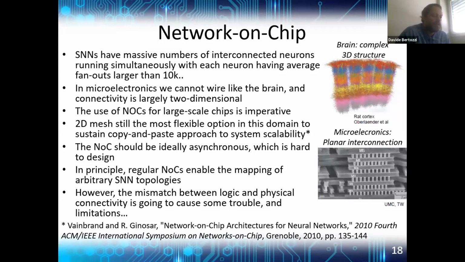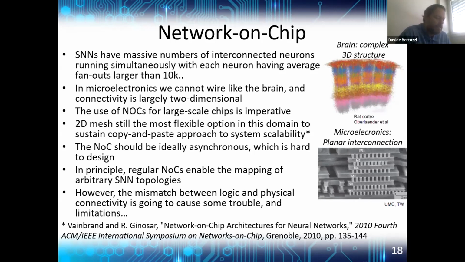There are recent works that question this analysis, and they actually see a trade-off between these solutions. But as a matter of fact, most large-scale systems use a 2D mesh topology, or torus in the best case.